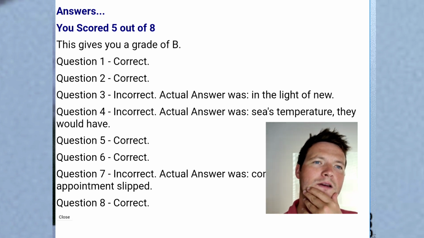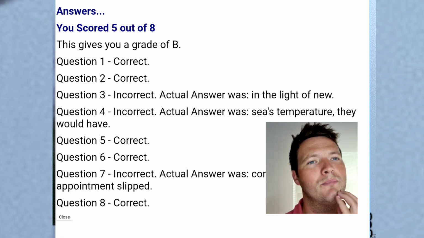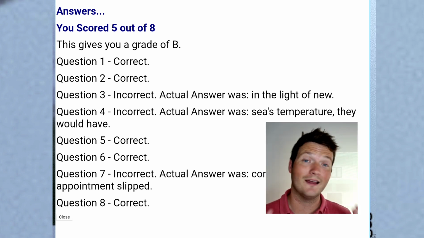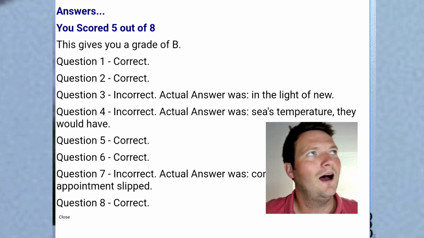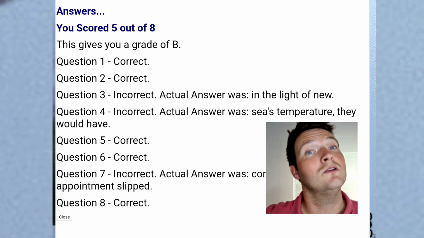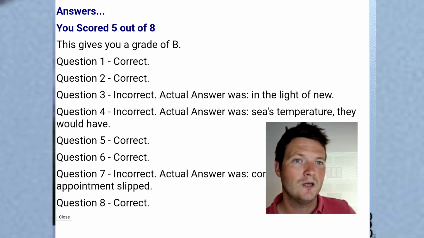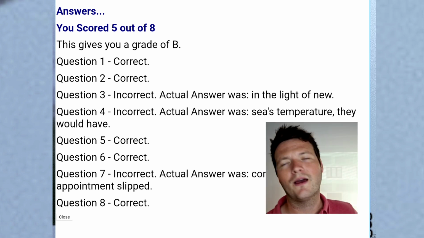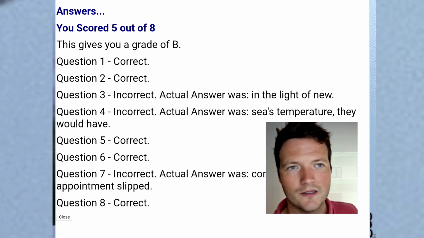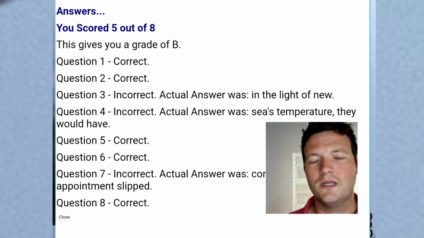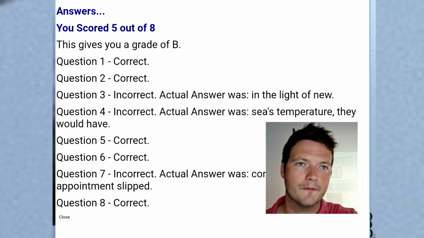Well, okay. The sea's temperature: if it hadn't been for the sea's temperature. Yeah, that's correct, of course. But I mean, it was unusually warm. If it hadn't been for the unusual warmth of the sea, or the sea's unusual warmth, I'm 100% certain they would accept my answer there. They would, yeah. But fair enough.